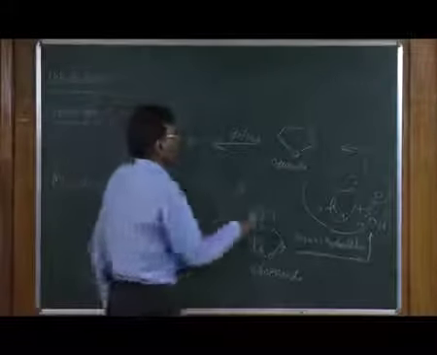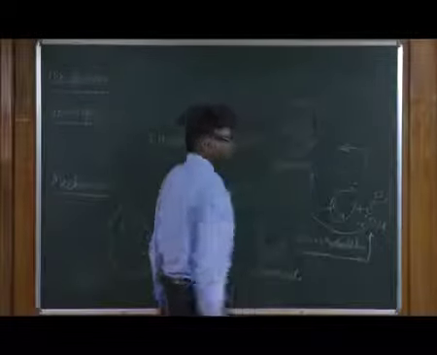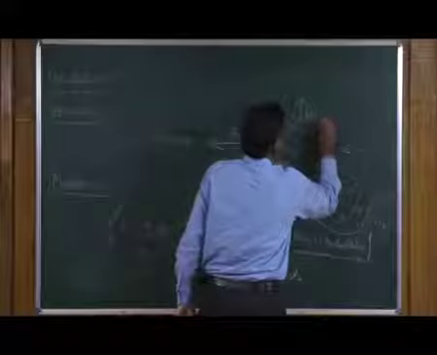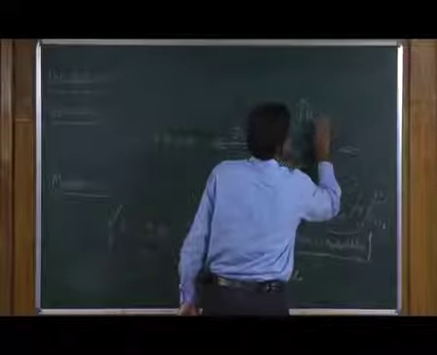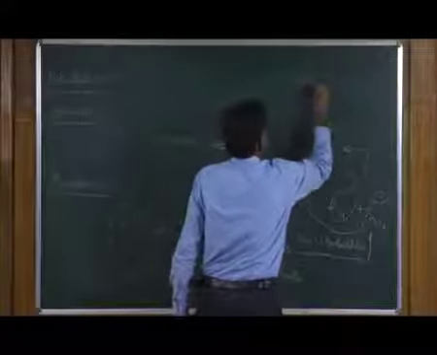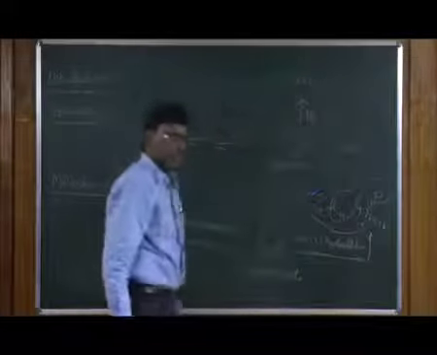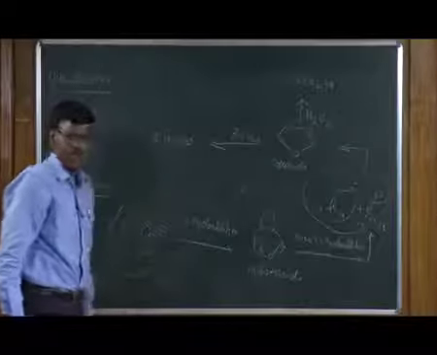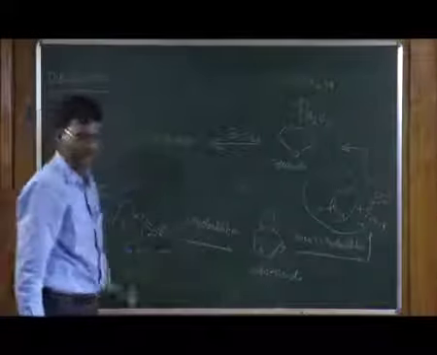On the other hand, if you treat with an oxidizing agent such as hydrogen peroxide, it will be oxidized into formic acid. So, suppose if I take ethylene, I will get two molecules of formaldehyde.